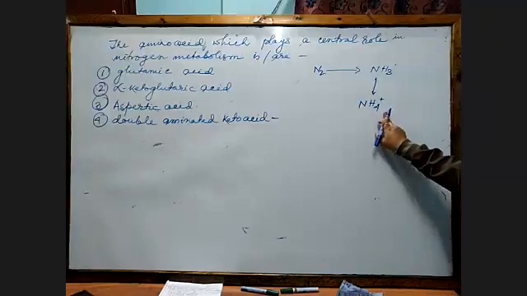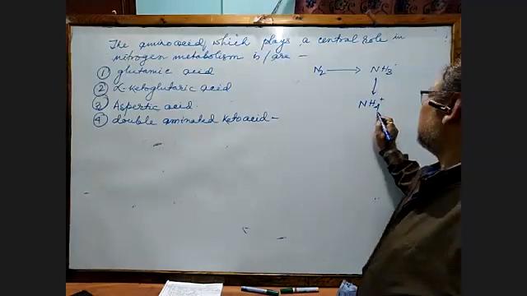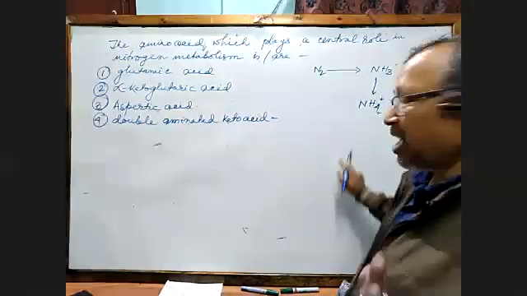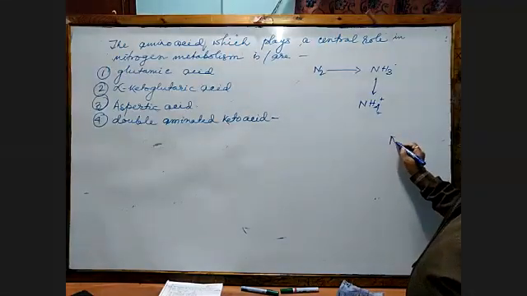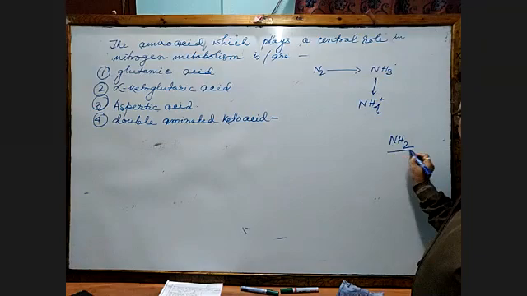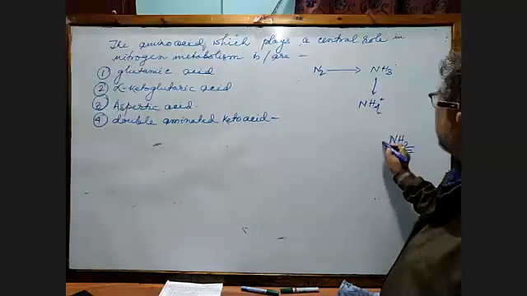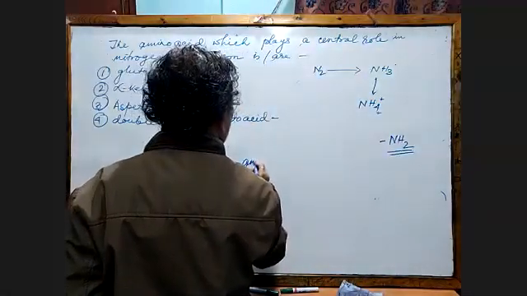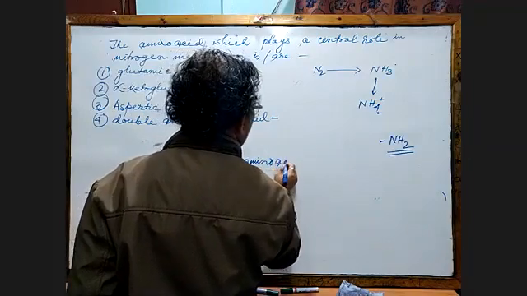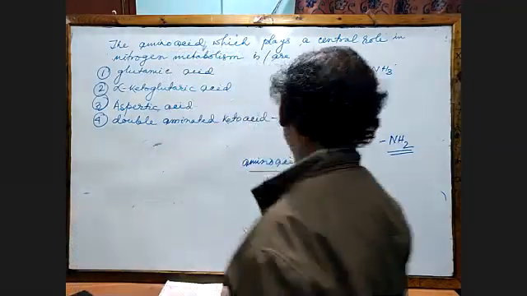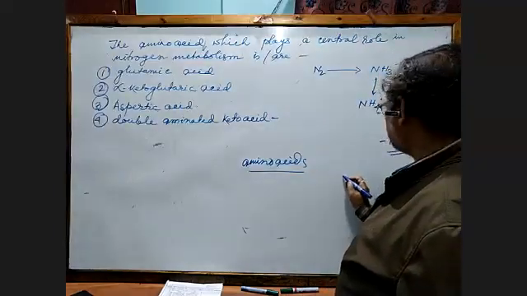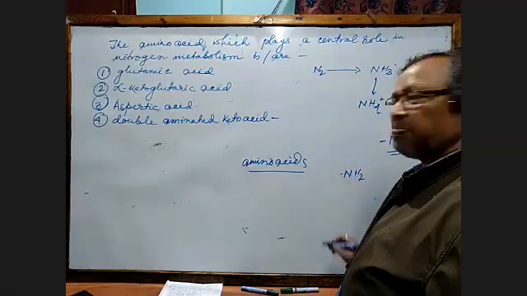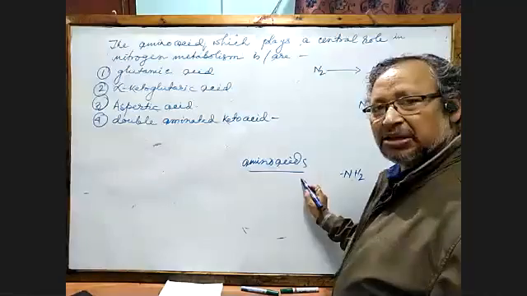Then this ammonium ion supplies the amino group, NH2. All amino acids have at least one amino group and one carboxylic group.